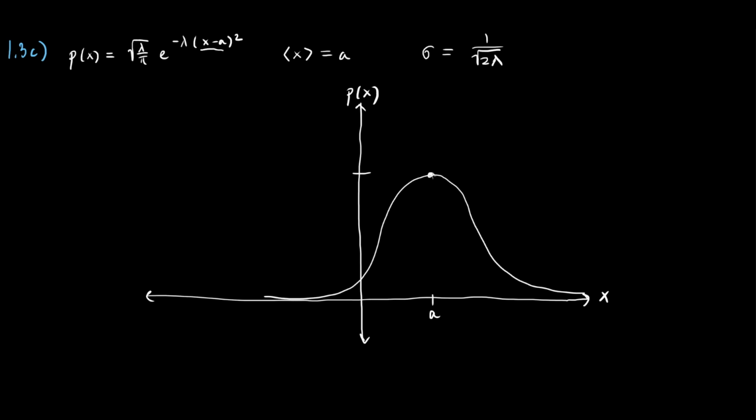And the point at A, which is the maximum value, will be equal to just square root of lambda pi, because this here will be 0. And then when this is 0, this entire thing would just be equal to 1.